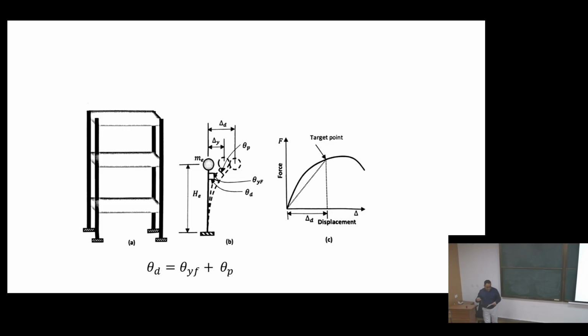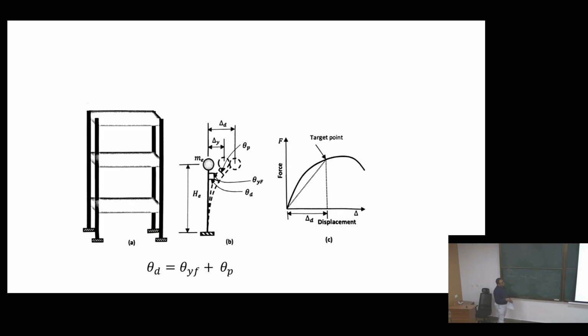So we are looking at interstory drift, which is theta D. By now we know what it is. And we are also looking at member performance level, and that is signified by this theta P over there.